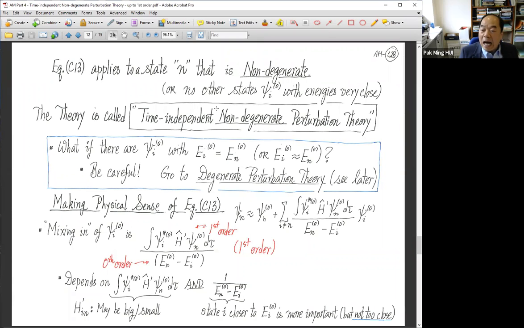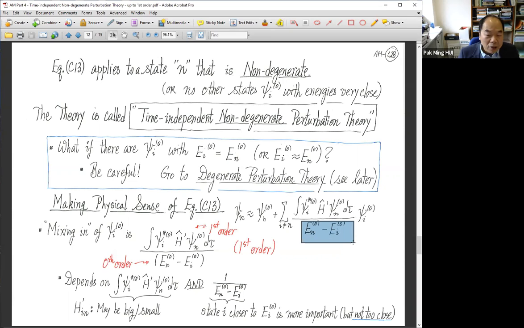But I would also emphasize that don't wait for cases where you have EI0 really equal to EN0, real degenerate. You should be careful, even when you have some other state I that has energy already close to the one that you are considering.